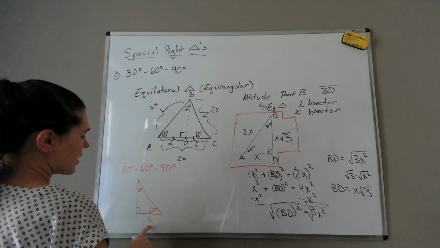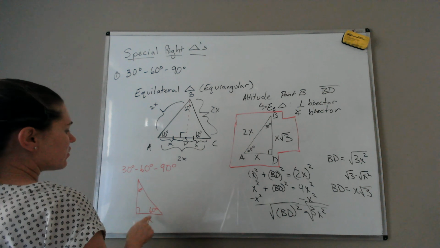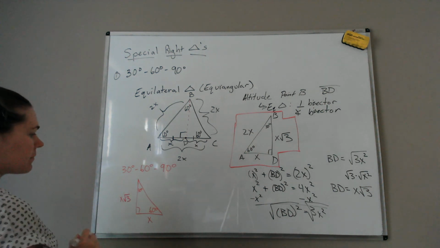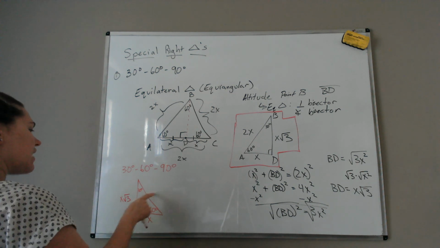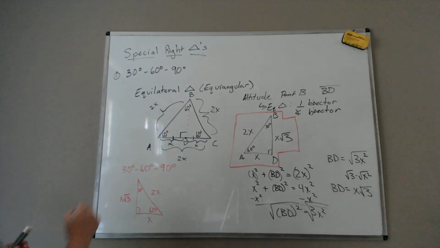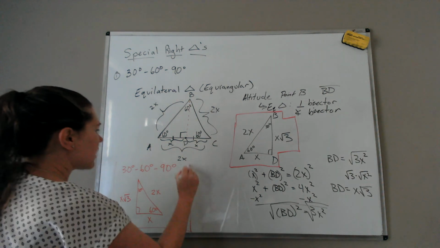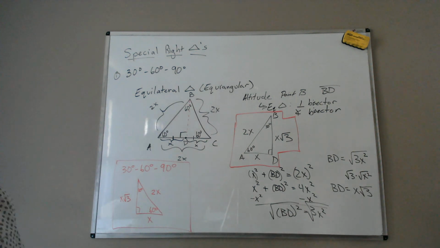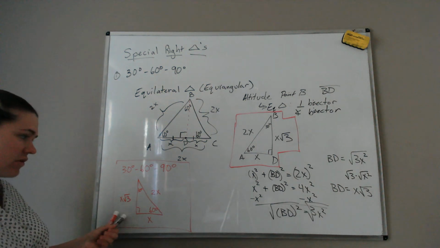Whatever is opposite 30, the value that will always be opposite 60 will always be that times the square root of 3. And opposite 90 will always be double what's opposite 30 degrees, okay? And how did we find this out? We found this out by taking an equilateral triangle and actually putting in one of its altitudes. You create two 30, 60, 90 degree triangles. Okay, so that's how you could prove this.